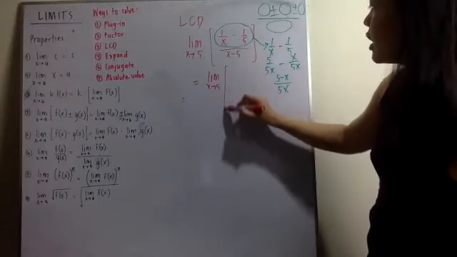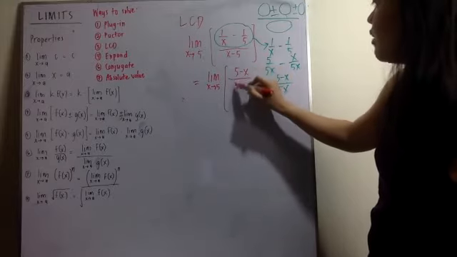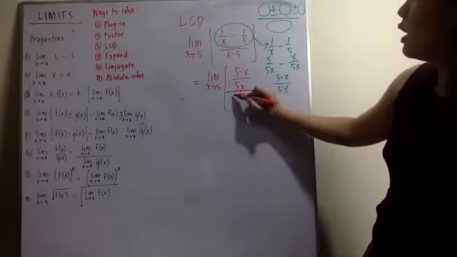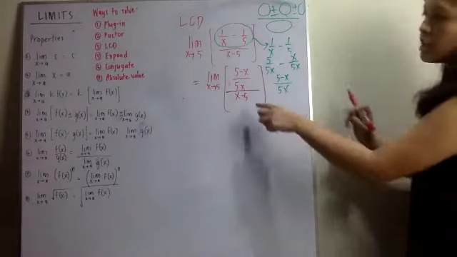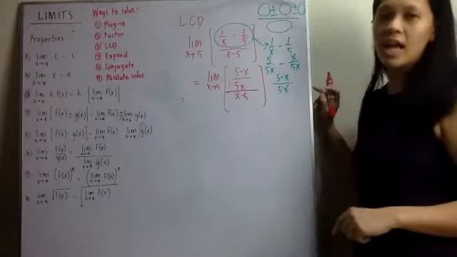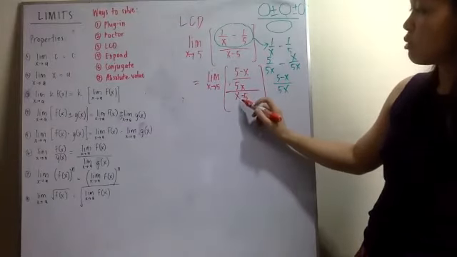So, here, we can rewrite this as 5 minus x over 5x all over x minus 5. Okay? So take note, denominator to ng buong nasa taas. Correct? So kapag meron kang ganyan, this is also just equal to 1.